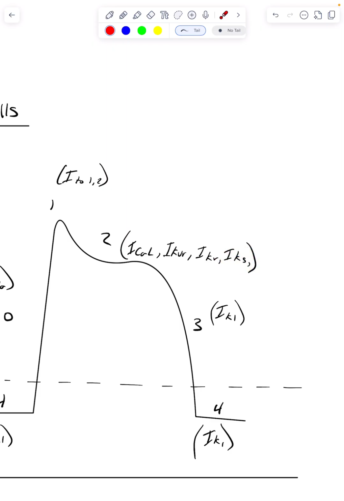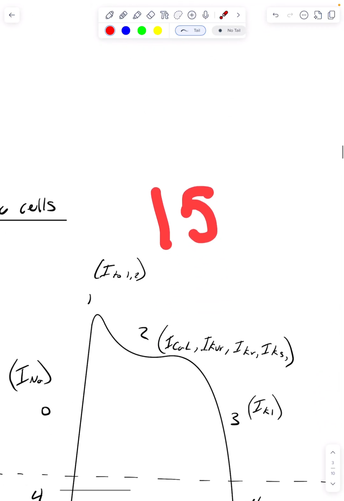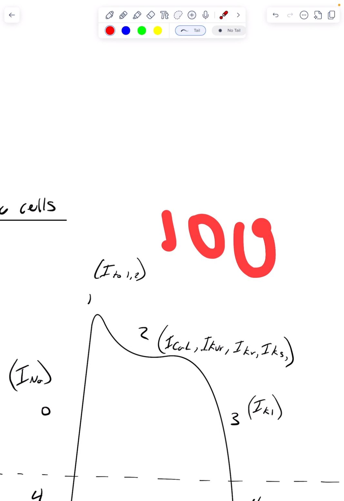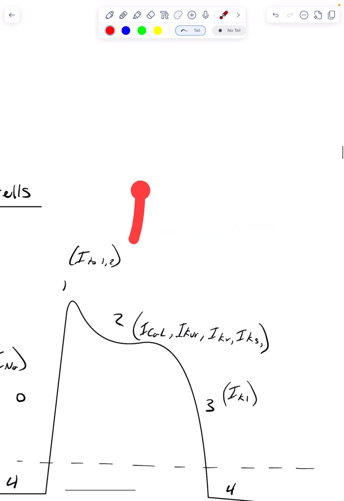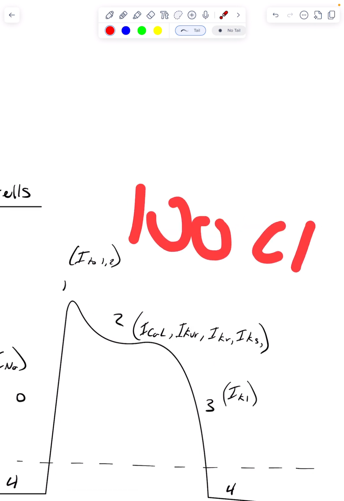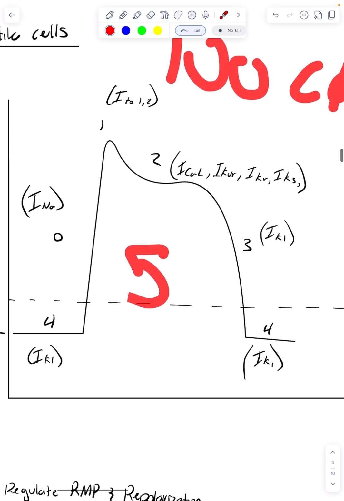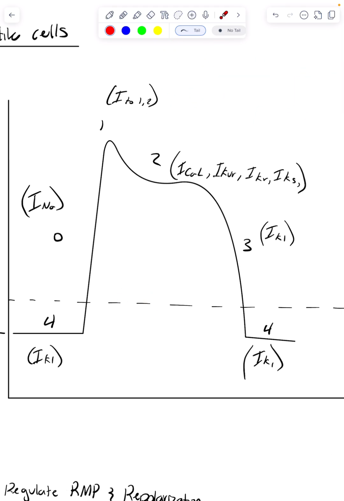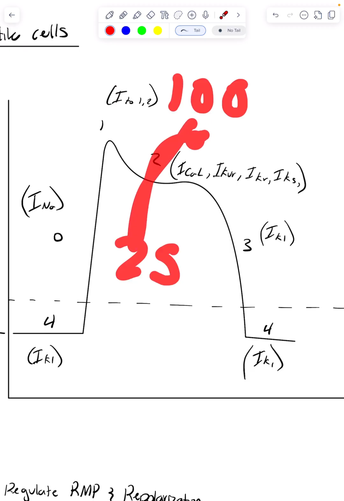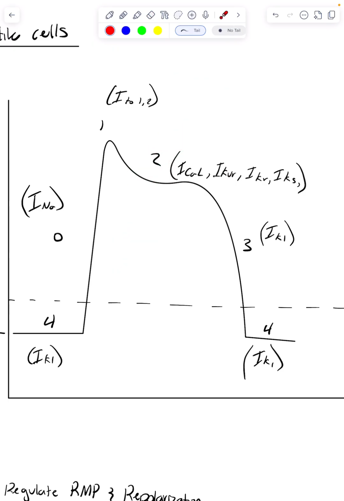What happens is say that there's 100 calcium on the outside, and there's 25 inside. Let me write that faster. 125. So in order for these to balance out, what needs to happen? They need to both be at 50.